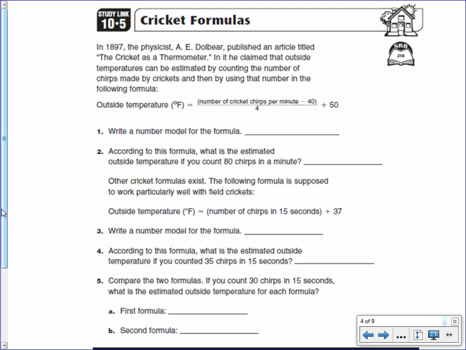If you become a scientist or any type of science, they use a lot of math. One way that scientists have used math is way back in 1897. That's a long time ago. There was a physicist called A.E. Dolbear.